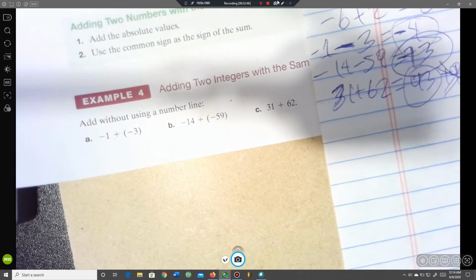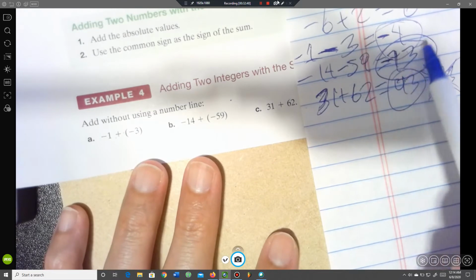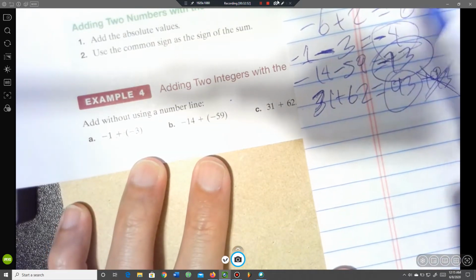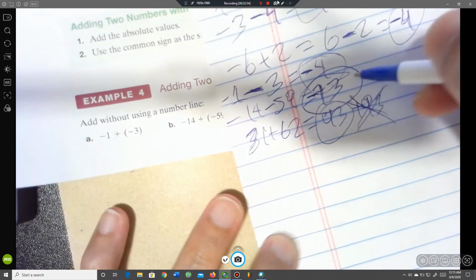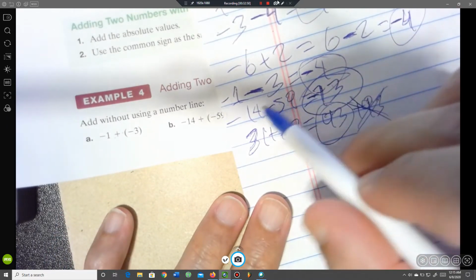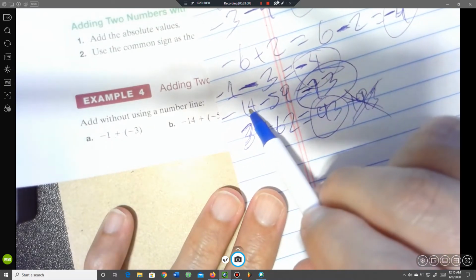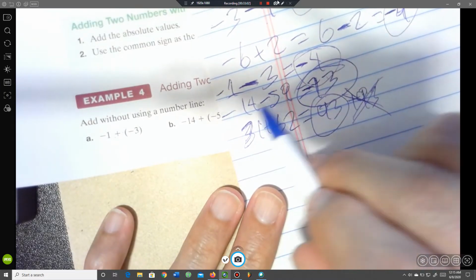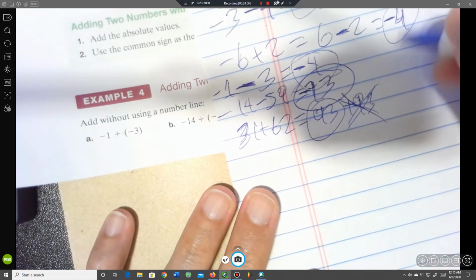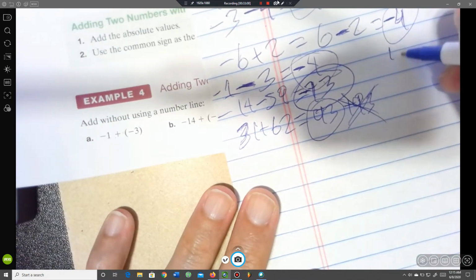All right, so let me go back, like I told you, over here to, what was it? This one? Well, let me work this one out. So I have two negative signs, and I'm adding, right? Because I have two negative signs. So the way you do it is you stack them up.